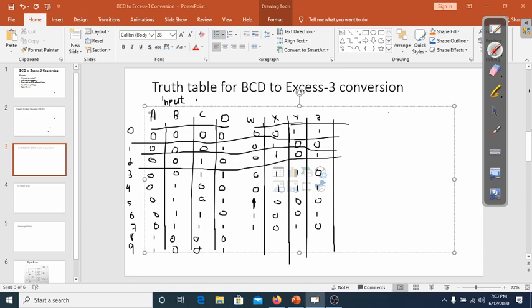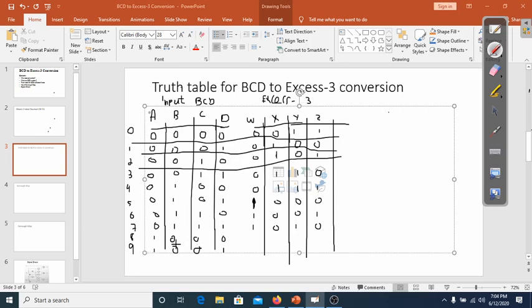So this table is the BCD code, and this table is for Excess-3. Hope you will understand my writing.